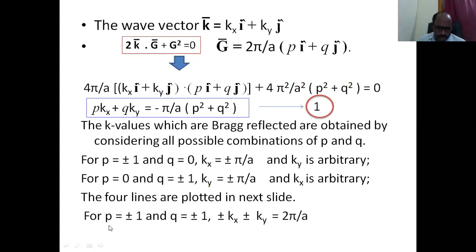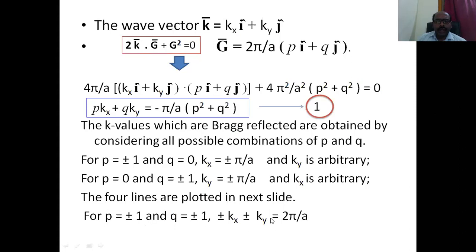Next, the next highest k values are for p equal to plus or minus 1 and q equal to plus or minus 1. Earlier we took one as non-zero and the other as 0. In this case we are taking two non-zero with the least number.